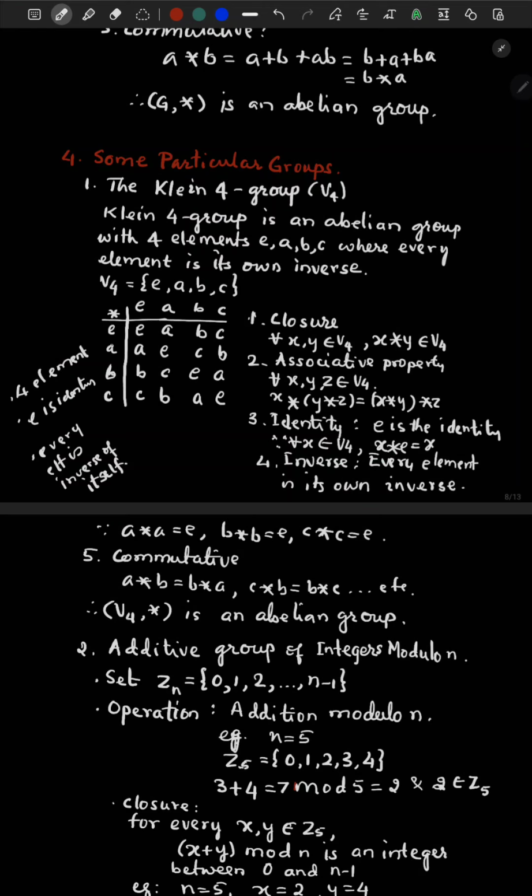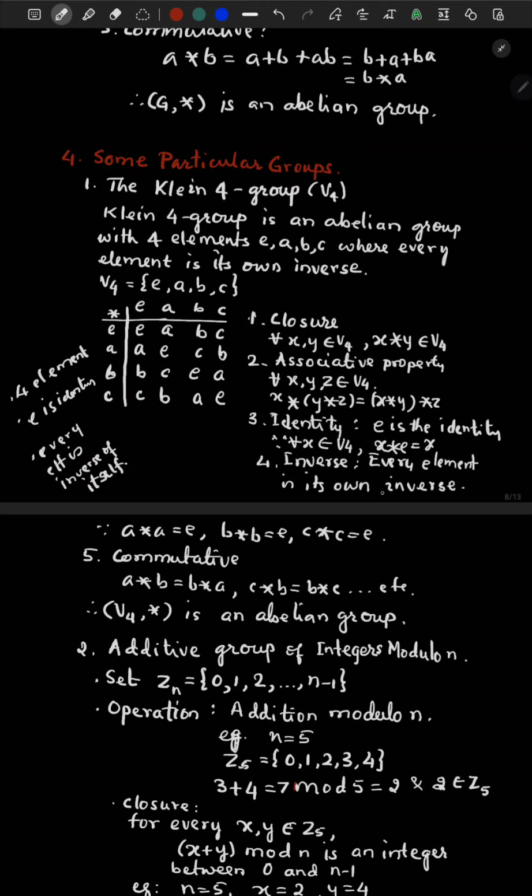For example, A star A is E. Sorry, A star E is A. So when you do the binary operation of A with E, you are getting back A. So E is called the identity. Similarly, B star E is B. Hence E is the identity. C star E is again C itself. So we say E is an identity.